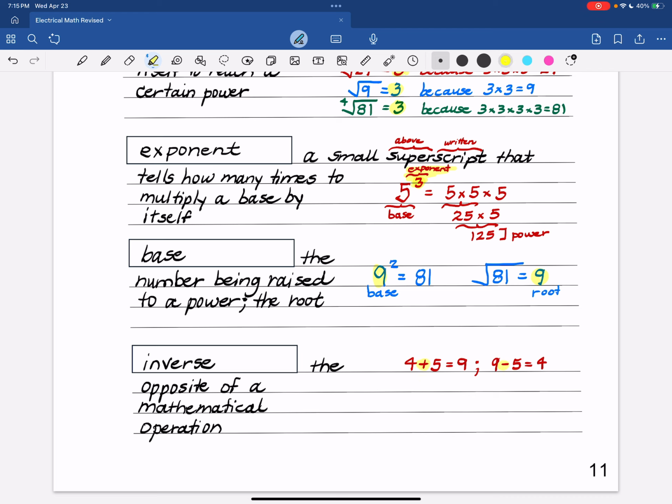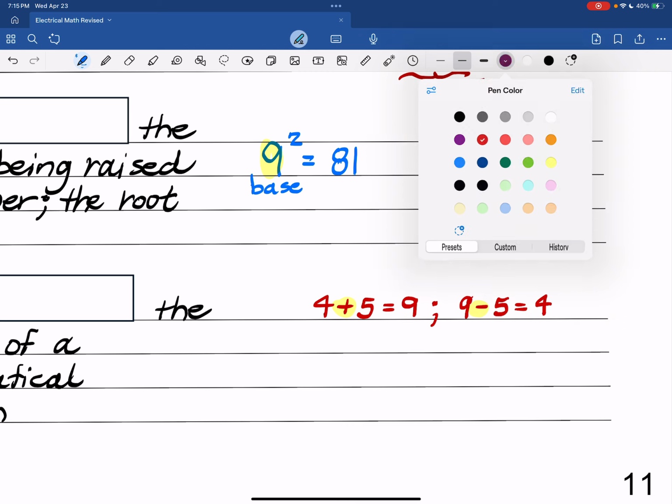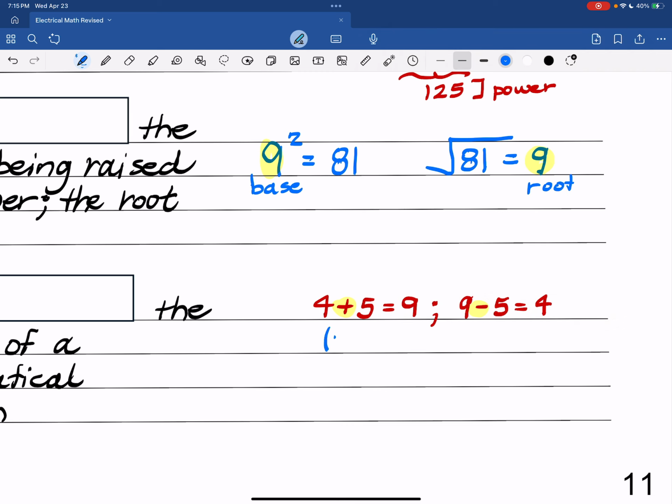They're opposites of each other. You probably learned in second grade or third grade that 6 times 8 is 48. And you also learned that 48 divided by 8 is 6. And that's possible because multiplication and division are inverses.